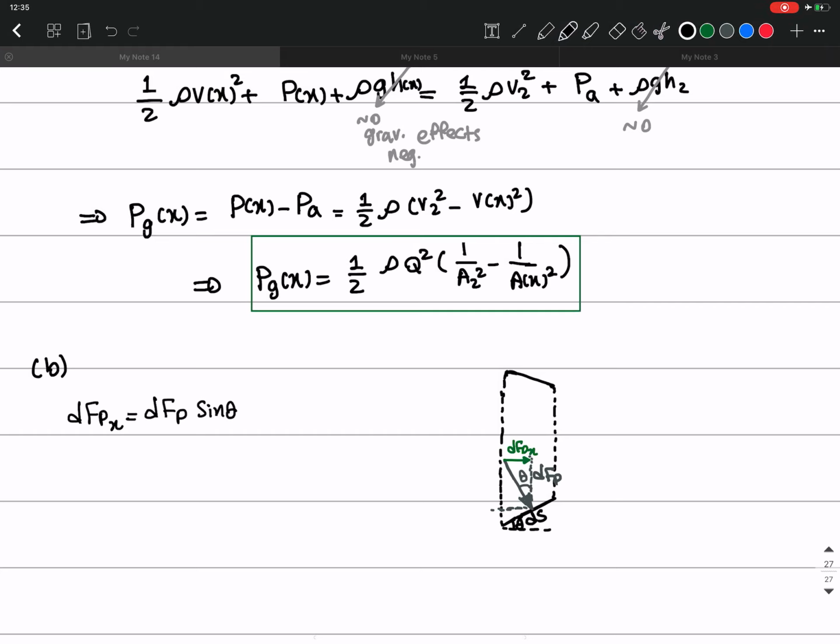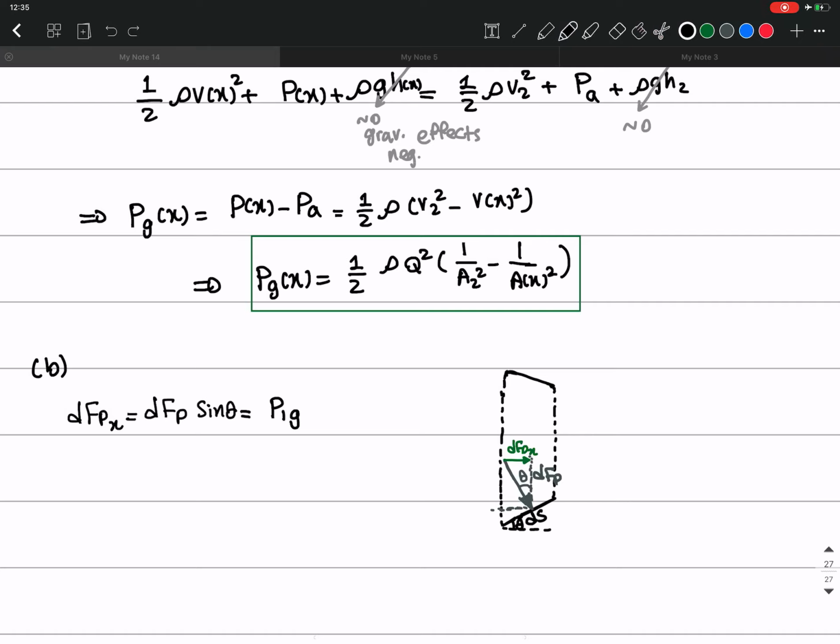And what does this equal to? So for dFp, the pressure force along that is going to be the gauge pressure, because I just want to know the gauge pressure, because the atmospheric pressure is everywhere. So we always work with the gauge pressure. Because the atmospheric pressure is applied both on this side and inside and outside of the nozzle, we just remove that from everywhere, right?